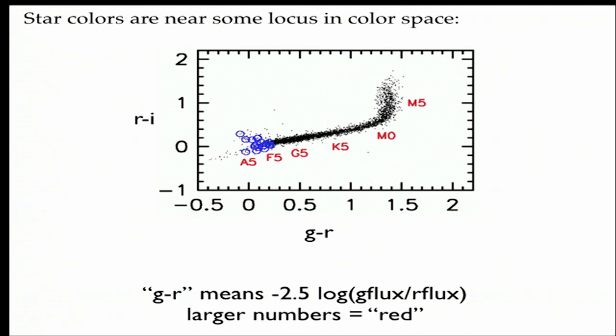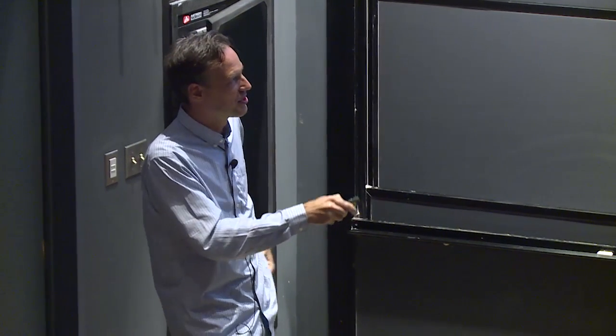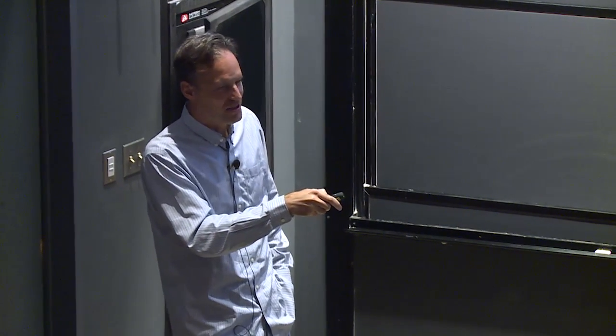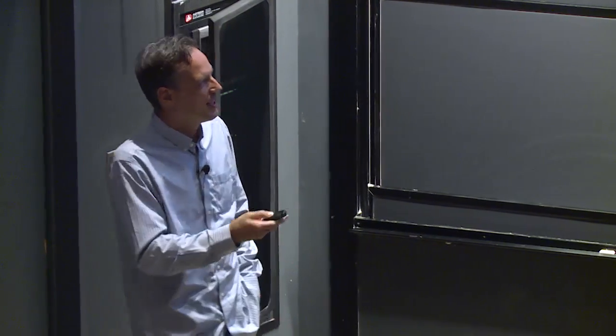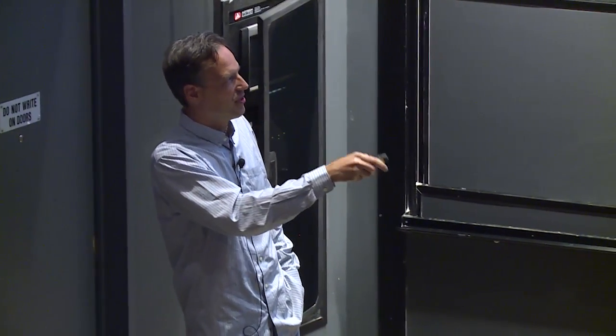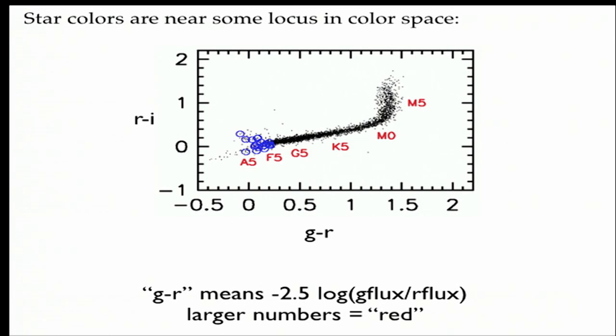I think they chose this because back in the day people were doing the math in their heads and didn't have computers, and they wanted something that was kind of close to a natural log, but also easy. If this ratio is 100, this is 5. It's easy to think about. So these color differences are logs of the flux in green light and in red light, for example. This is actually logs of flux ratios.